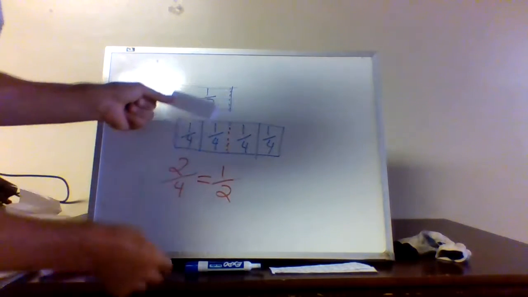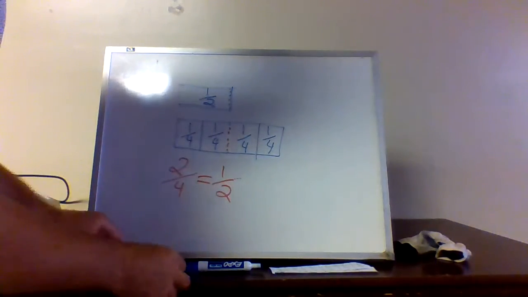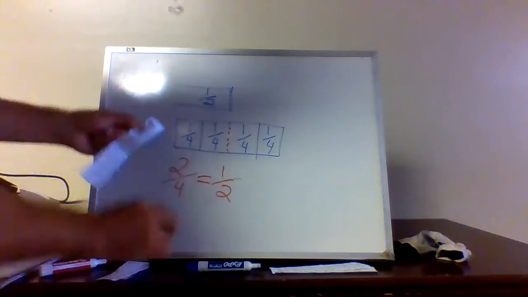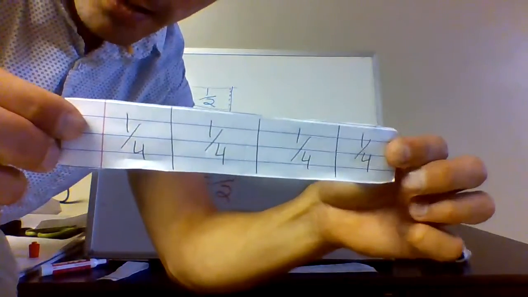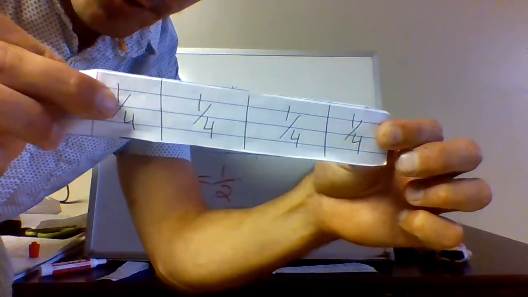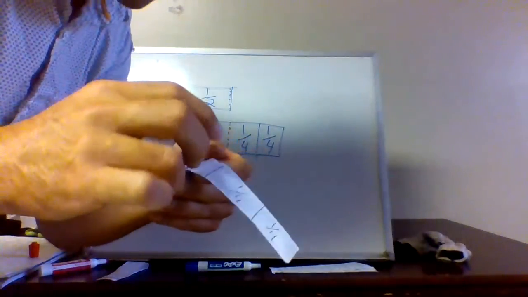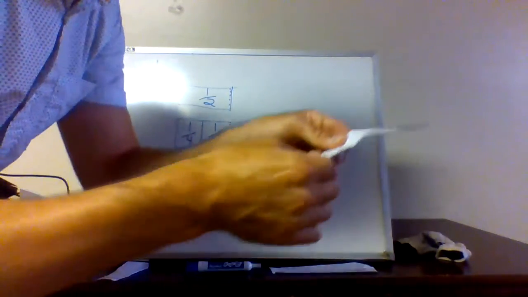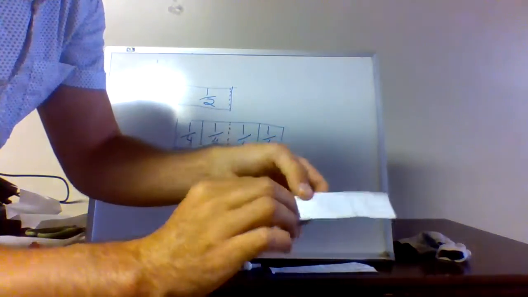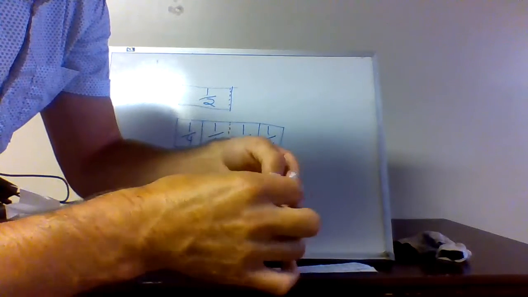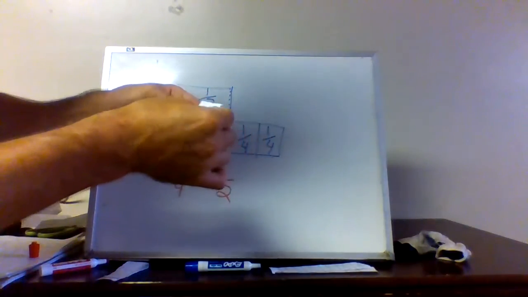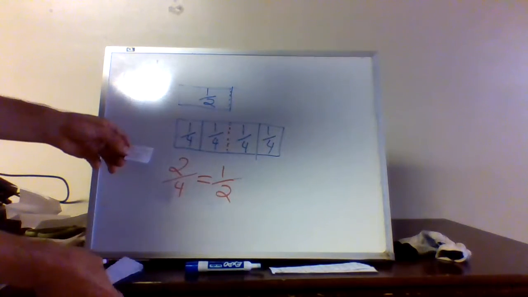Okay. Now what if we took that fourths and we went around each of our lines that we divided, each unit. So we're going to fold it on each of the lines. There's 1, 2, or 3 folds. So now we have 1 unit of the 4.